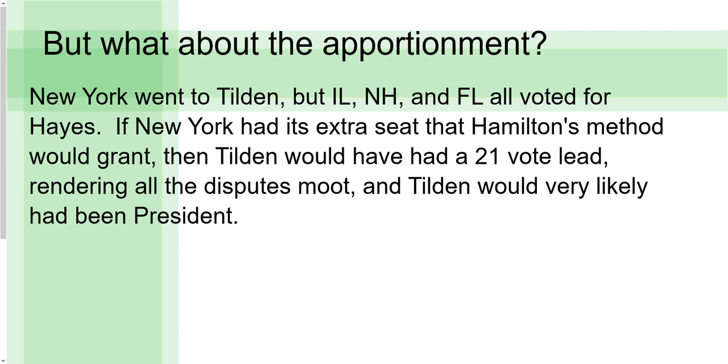But the Florida vote, if that seat had gone to New York, that Hayes vote would have turned into a Tilden vote, and so that would have given Tilden a 21 vote lead, and all of the discussions, everything would have been completely irrelevant because the disputes only added up to 20 seats. So Tilden would very likely have been president.